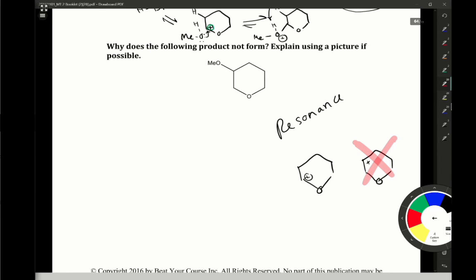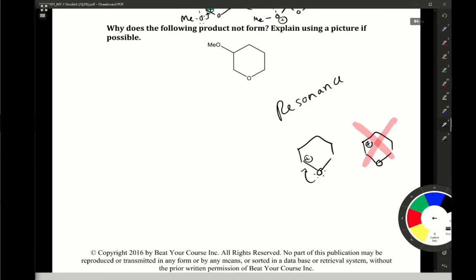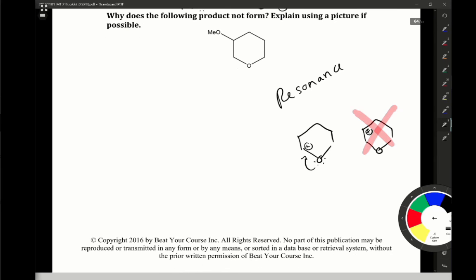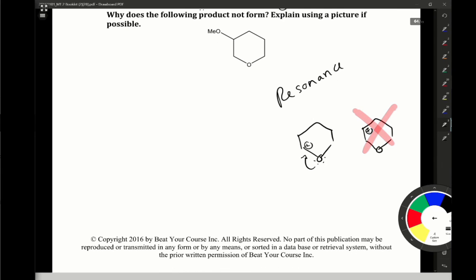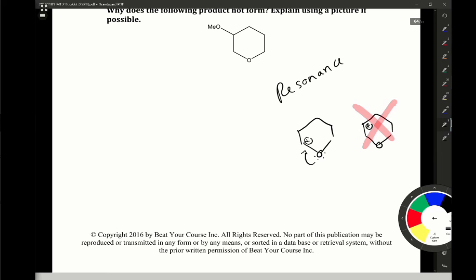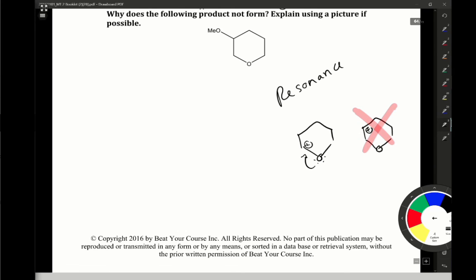I think you should have been able to piece that one together. You always look towards the resonance stabilization of the carbocation, and sometimes that's done by having a group nearby that can donate electrons, right? That was kind of a tricky explanation for you. Talk to me, email me, go through it again, go to your textbook, but that should be something that you're familiar with by now.